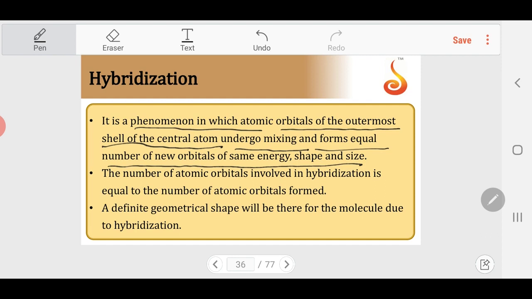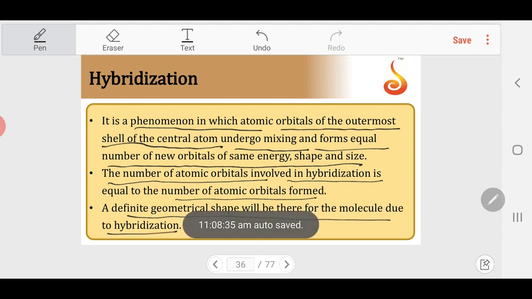Before combination, the atomic orbitals are of the same or comparable energy, but once they mix and form hybrid orbitals, they all have equal energy, the same kind of shape, but different orientation. And always the number of atomic orbitals overlapping will be equal to the number of hybrid orbitals formed in the atom.